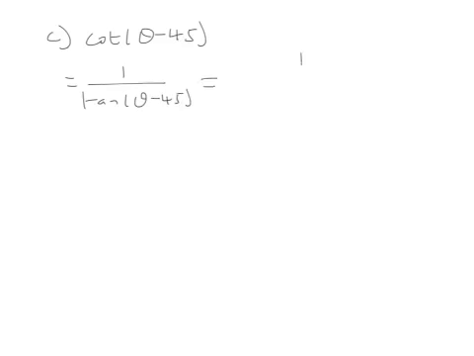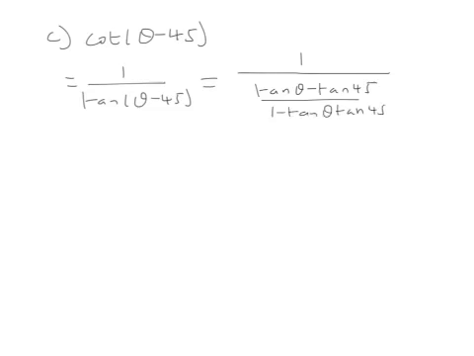In part C we need an expression for cot of theta minus 45. So that's 1 over tan of theta minus 45. So what we get is 1 over, and then we have tan A minus tan B over 1 minus tan A tan B, which is 1 minus tan theta times tan 45 over tan theta minus tan 45.